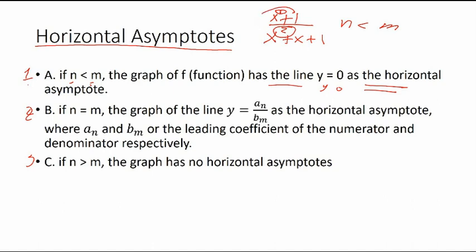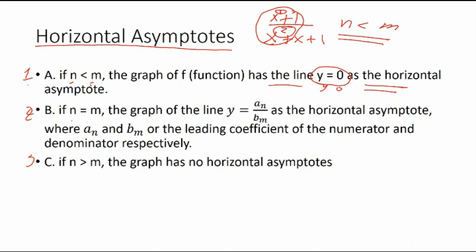So, the exponent, yun yung titignan natin sa condition A. Na kapag mas malaki ang exponent ng denominator kaysa numerator, ibig sabihin, we have 0 as the horizontal asymptote.